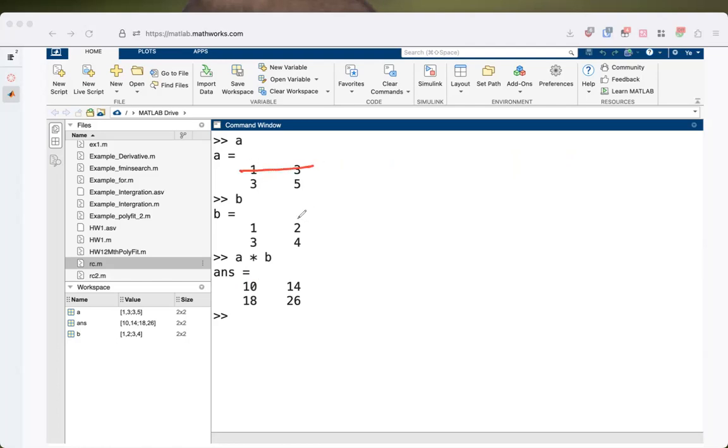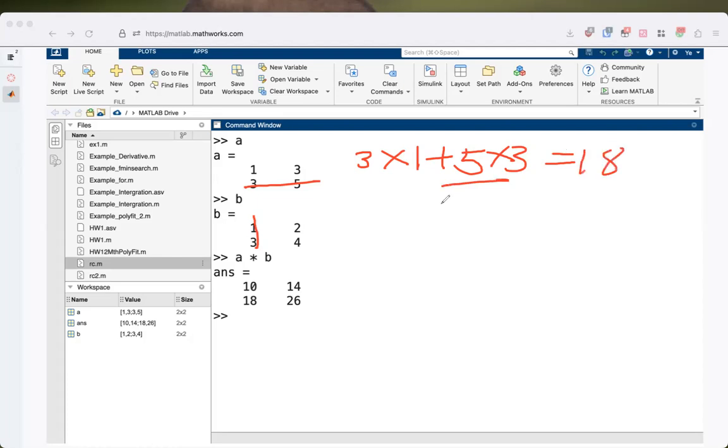Row 1, column 2: 1 times 2 plus 3 times 4, so 14. Row 2, column 1: 3 times 1 plus 5 times 3, so 3 plus 15, 18.